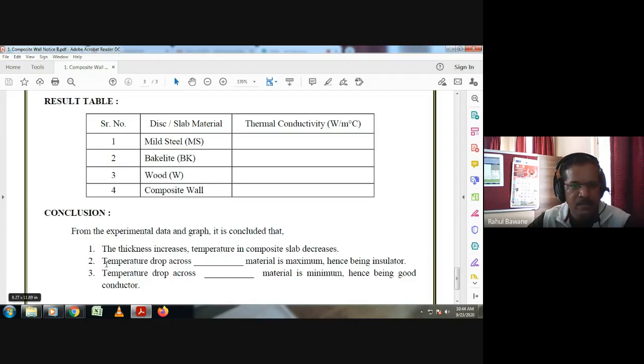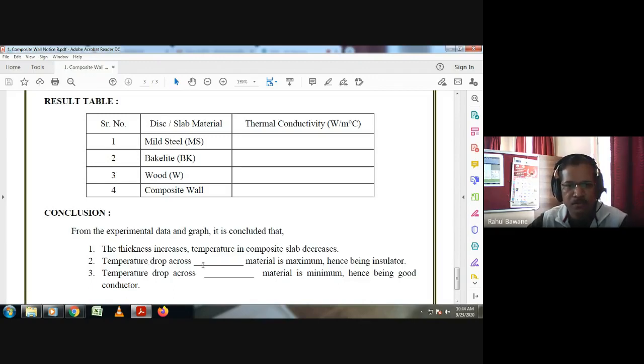And second, we have to write that the temperature drop across the material is a maximum, hence being an insulator. So we have to find which material shows the maximum temperature drop, and the maximum temperature drop will be for the one having the minimum thermal conductivity. The material showing minimum thermal conductivity definitely shows maximum temperature drop.